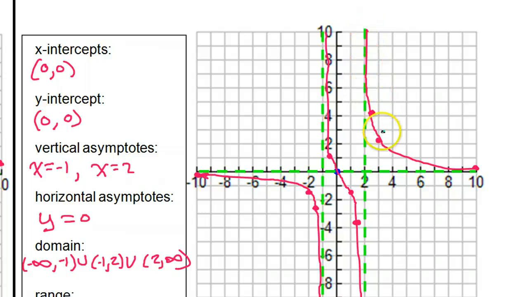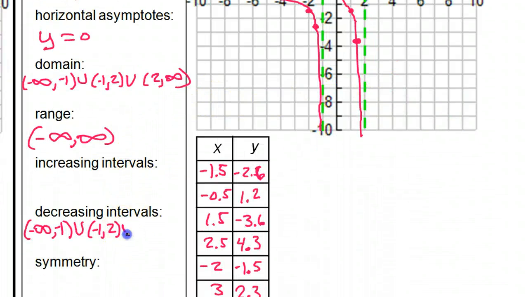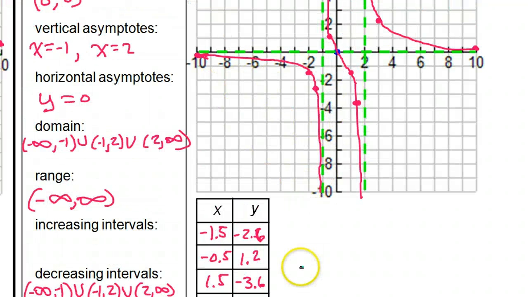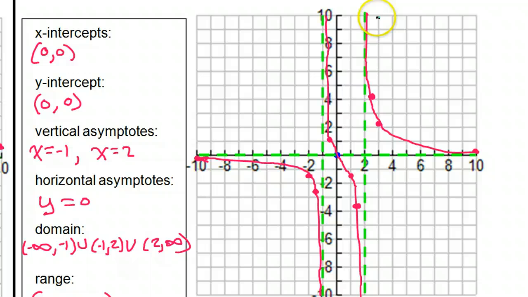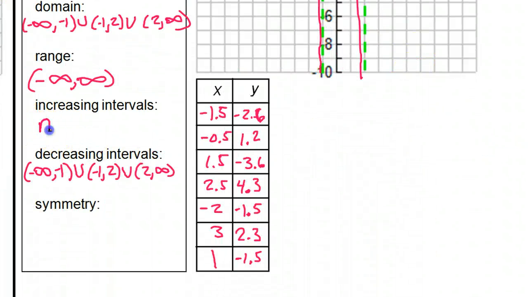Again, a decreasing interval, which goes from 2 to infinity. So a third decreasing interval from 2 to infinity. Every part of this graph was decreasing. Downhill, downhill, downhill. So there are no increasing intervals for this graph.